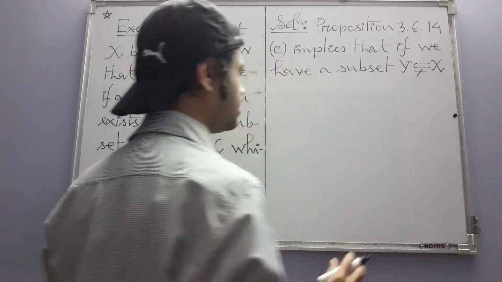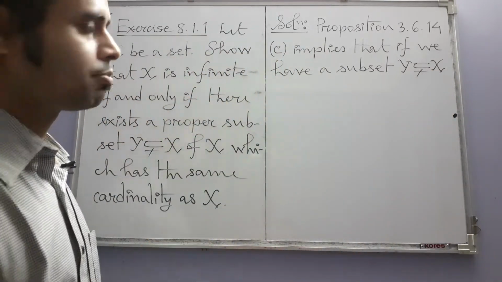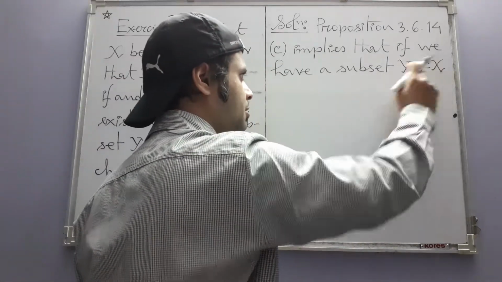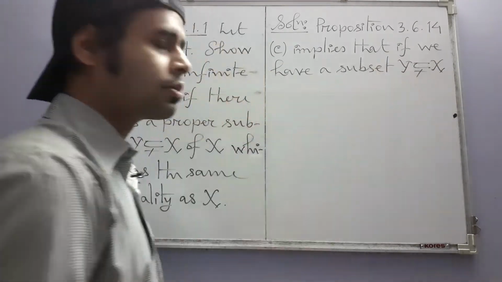We need not explicitly mention again that it's a proper subset because this is the symbol for proper subset. Y is a subset of X and it's not equal to X.